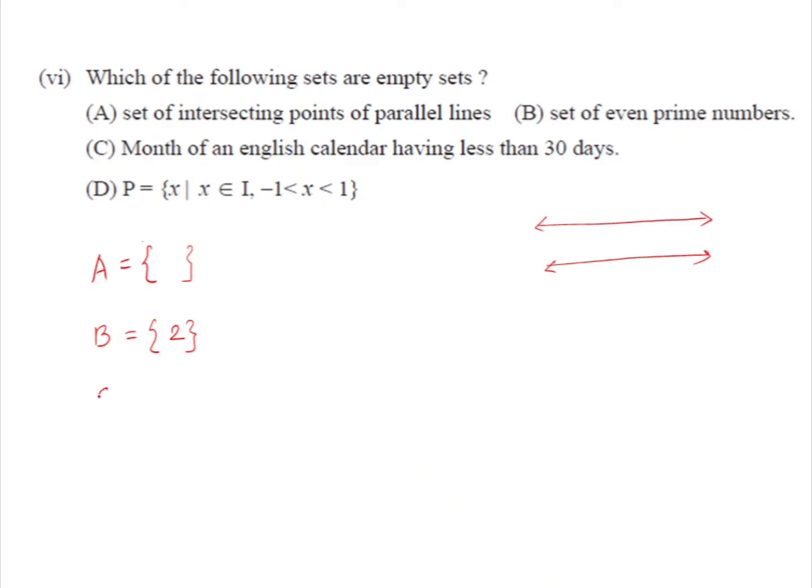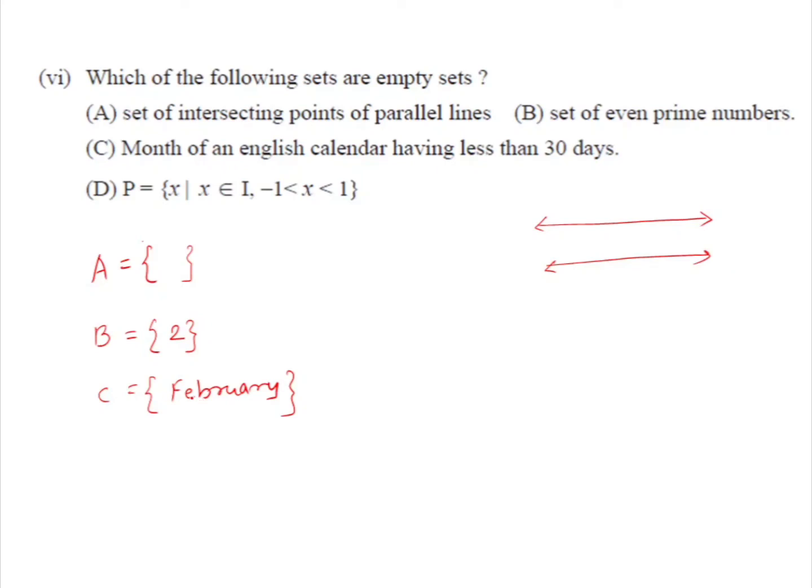Now in set C also we have to collect all the months of the English calendar having less than 30 days. So we have one month in the English calendar, that is February, which has either 28 days or 29 days. So this is the month which has less than 30 days.